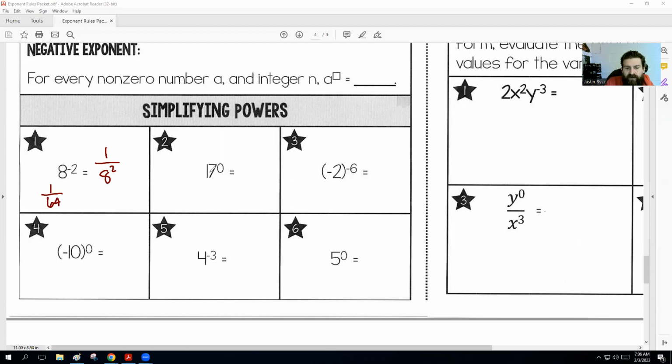17 to the 0 power. Anything to the 0 power is 1. What about -2 to the -6 power? Well, -2 is the base, and remember those bases don't change.